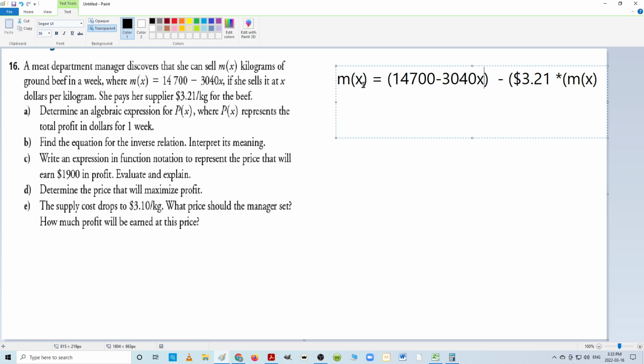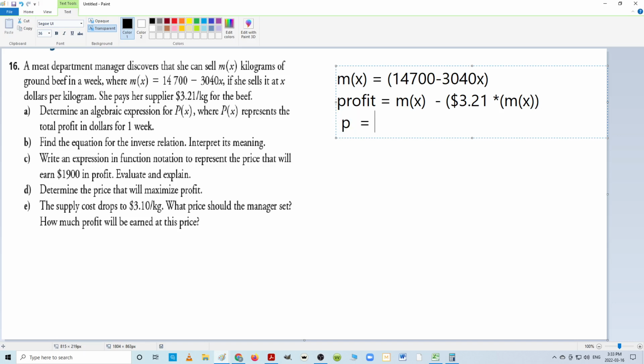Now, if mx is equal to that, and profit is equal to how much she sells minus how much she pays per kilogram, you can replace both of those.